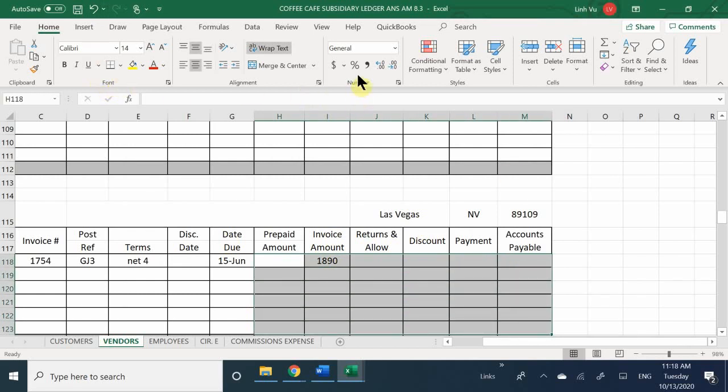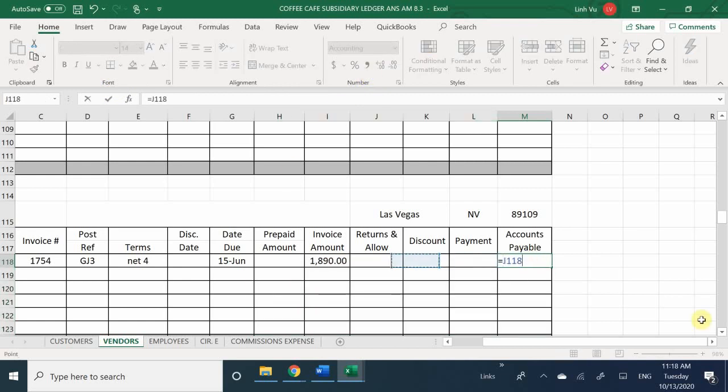So therefore, my grand total in my accounts payable should be my invoice amount minus any prepaid, minus any discounts, returns, and minus any payments, bringing me to a grand total of $18.90 that I owe this vendor.